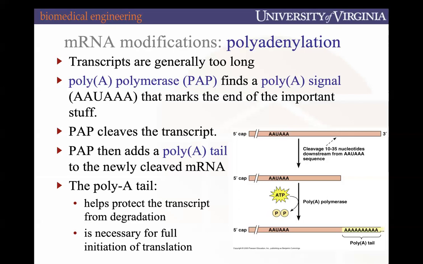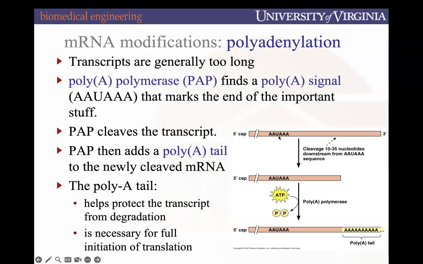So what ends up happening is that there's a key enzyme that mediates a couple key functions here. It's called a poly-A polymerase, or PAP. It's going to find a specific signal, a specific consensus sequence, and here that's going to be AAUAAA, close to the 3' end.